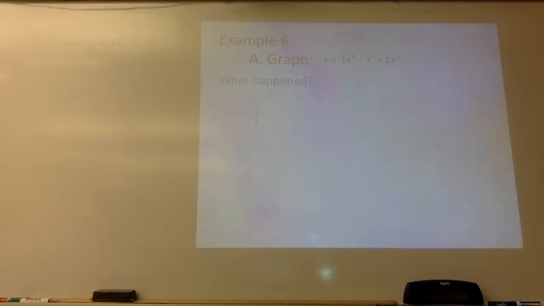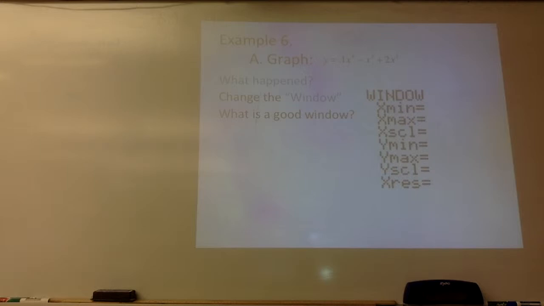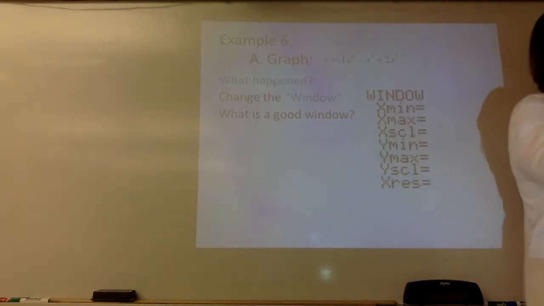If you think about it, we can't see the bottom, which is the reflection of the y-axis. So go ahead into window, type on where it says window. You're going to have a list of values. We want to change the lowest y value to something lower than -10. Go into window, it's going to be under y-min.